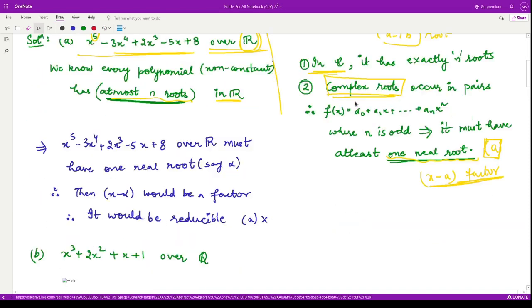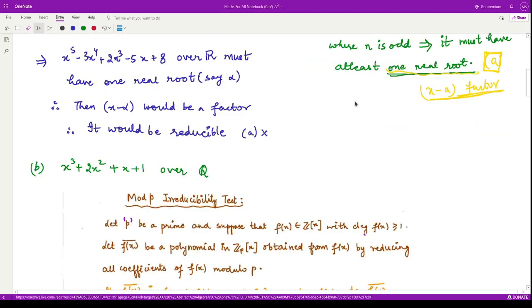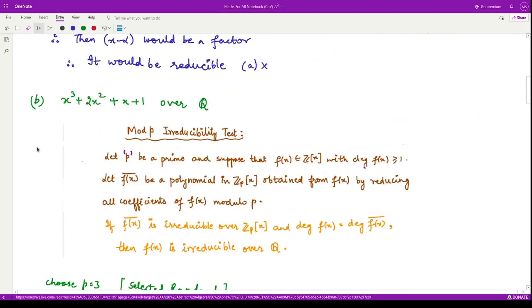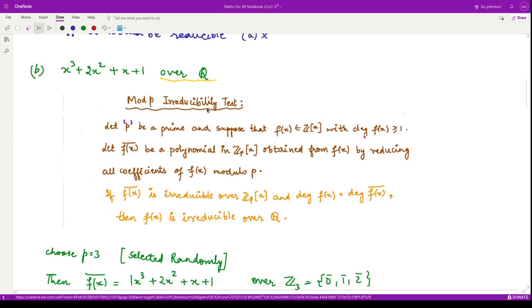Let us move on to the second one. This polynomial is of degree 3 and they are asking whether it is irreducible over Q or not. We can apply the mod p irreducibility test onto this polynomial. What does this test say?